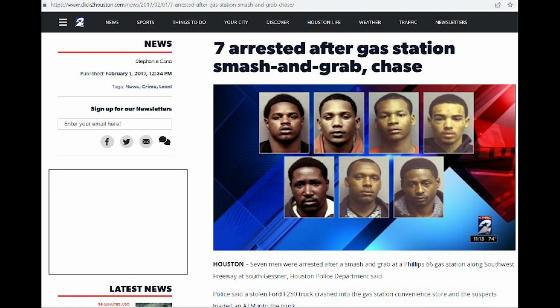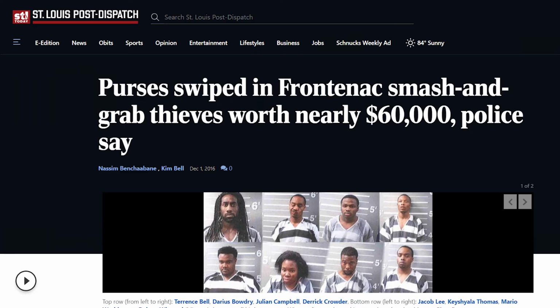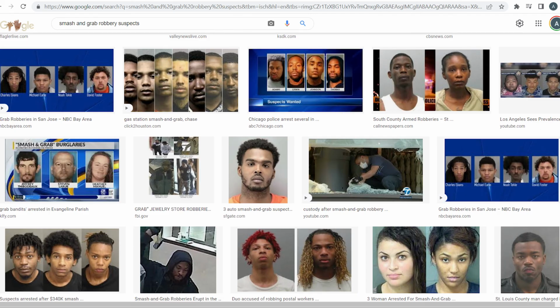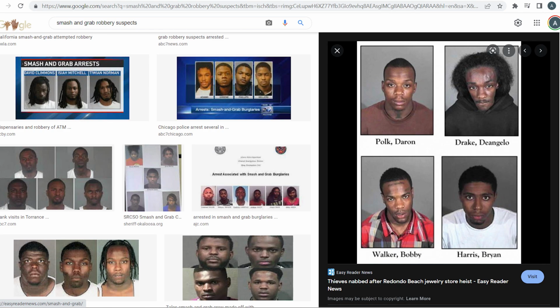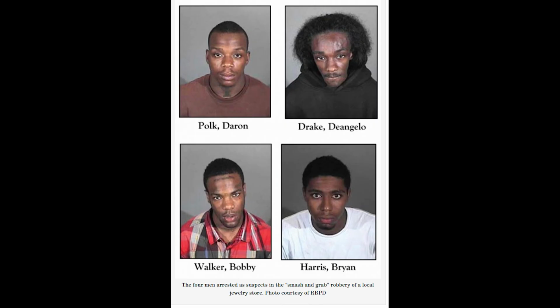One look at the smash and grab robberies that have taken place here in the United States lately will show that the majority of the criminals can be placed into communities where de facto polygyny is the norm, such as Blackistan. So this begs the question, why will they not take advantage of the free services that offer contraception? We will explore this and more in later videos, so be sure to stay tuned.